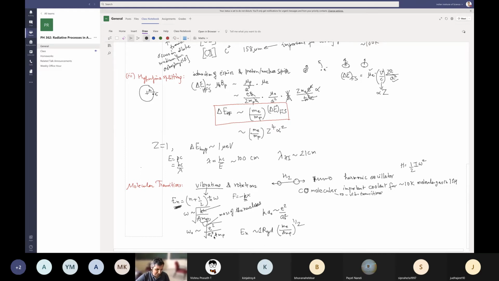So this is the scaling. You just plug in a naught and the Rydberg, and you will get this energy scale for vibrational transitions of molecules.